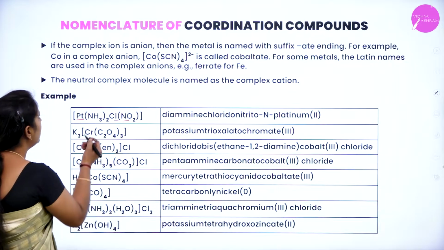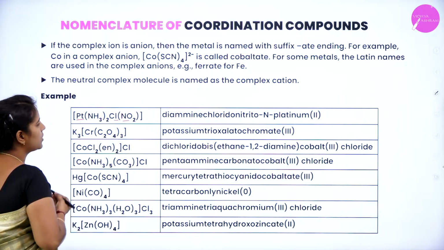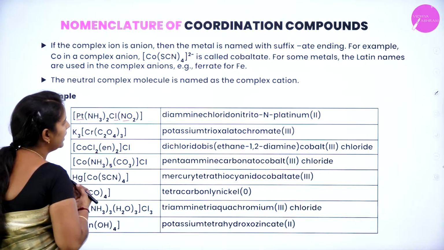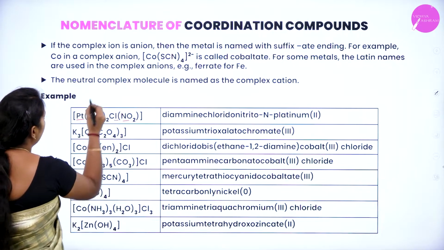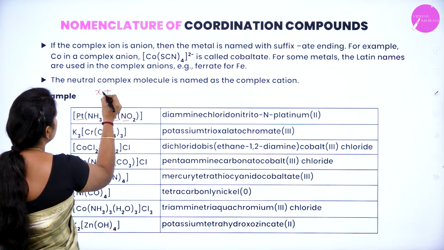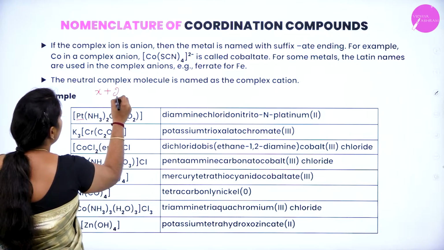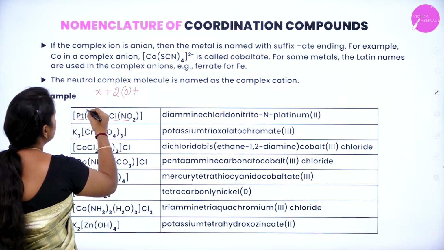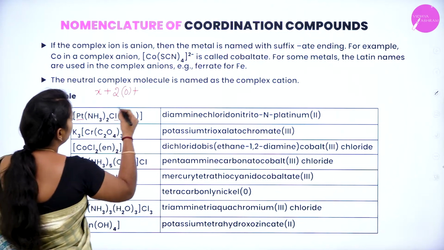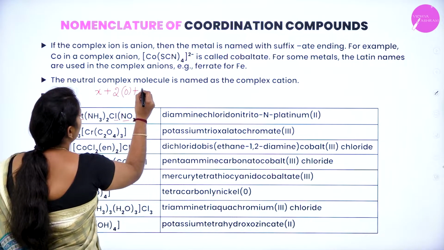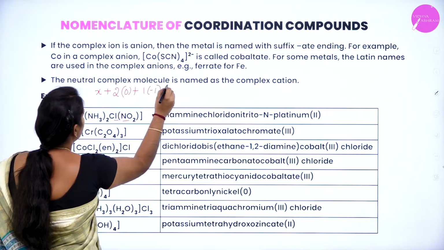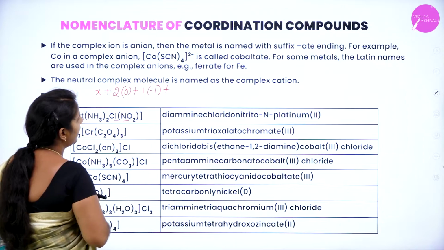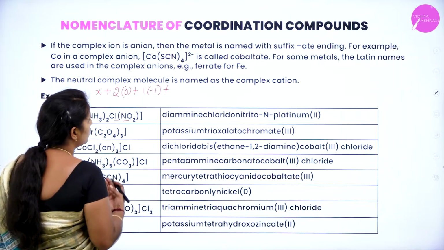You can see that the platinum oxidation number will be calculated like this. I take the platinum as X. So X plus 2 into 0 for ammonia, because it is a neutral ligand. For the chlorine, it is 1 into minus 1, and for nitrito again it is minus 1.